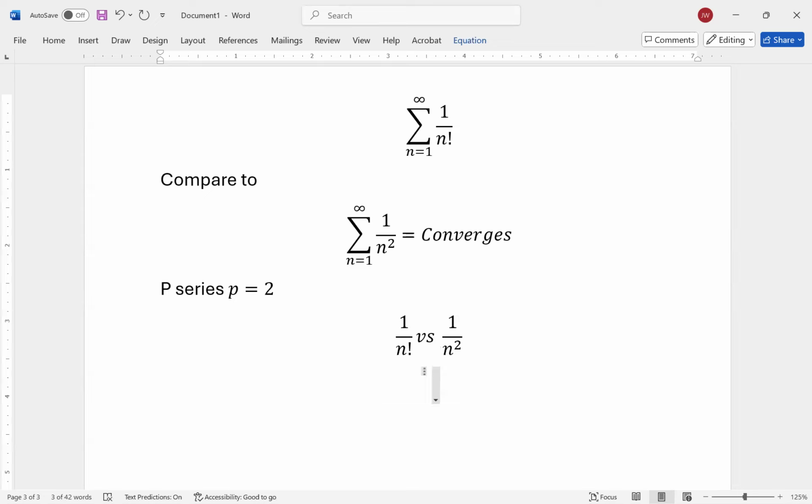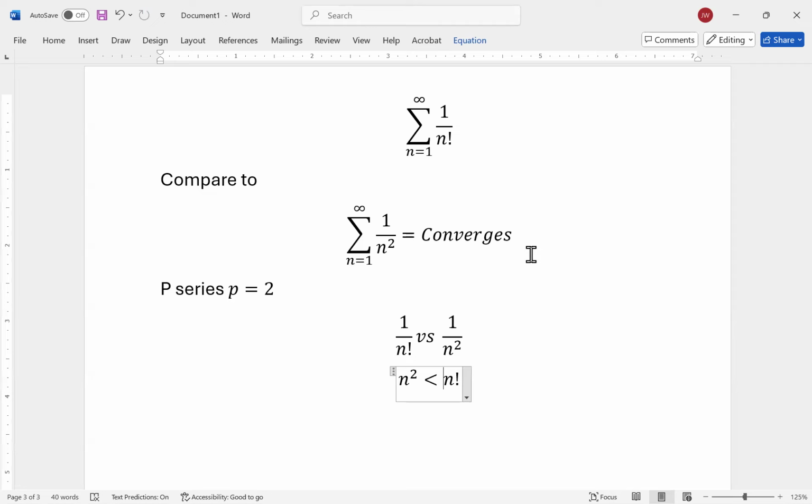If I cross multiply, I get n squared versus n factorial. And the n factorial is going to be bigger than the n squared as long as n is at least 4, I believe. 4 factorial gives me 24, but 4 squared gives me 16.